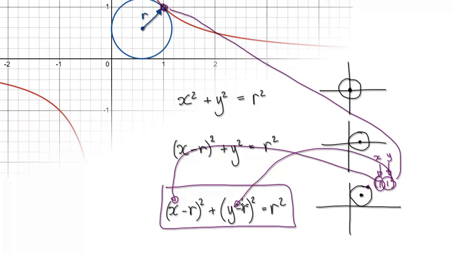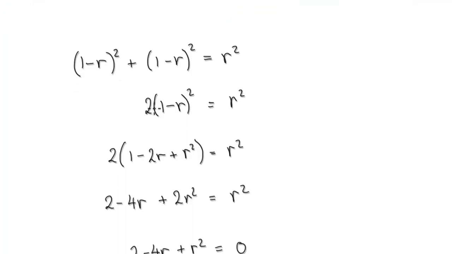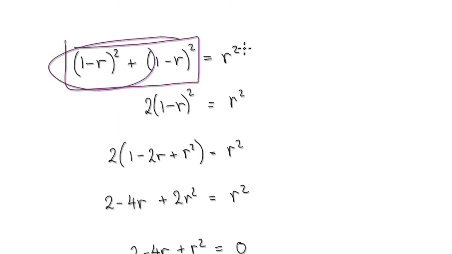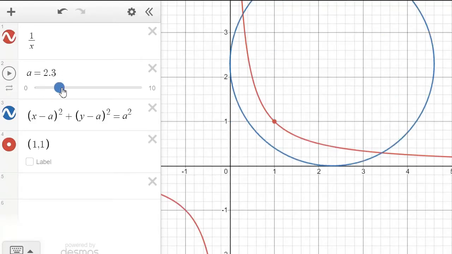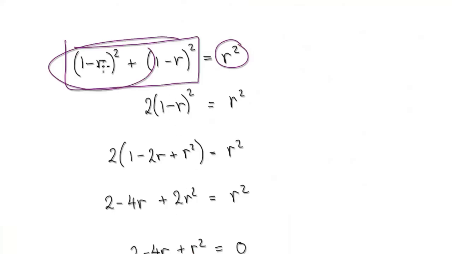That will then give us this. So really our job is to find a radius such that this side equals this side. So what that means is our job is to find the radius, remember a is the radius, such that it passes through 1, 1. That's really us trying to solve this.